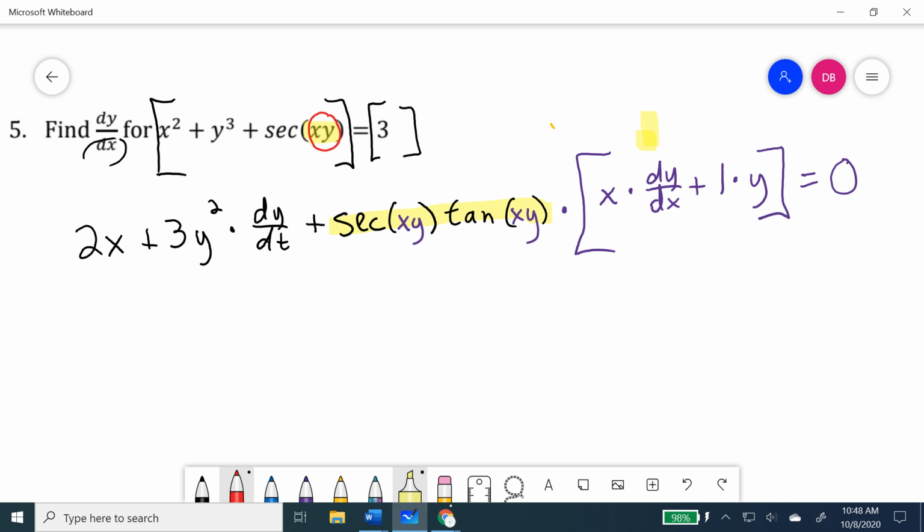Come on, my little lag time friend. And I don't, there we go. So you have to make sure you distribute that before you can isolate the dy. I just realized I'm mixing dy dt in.